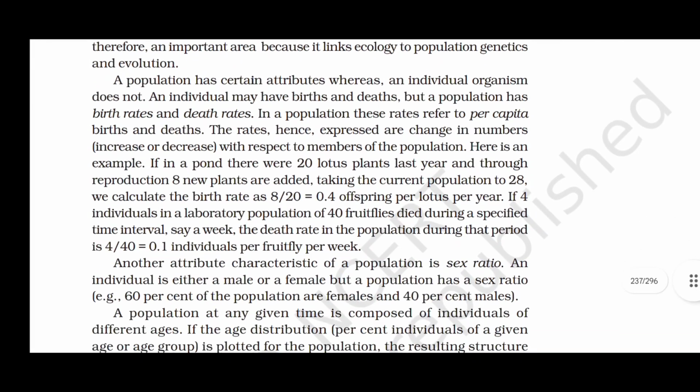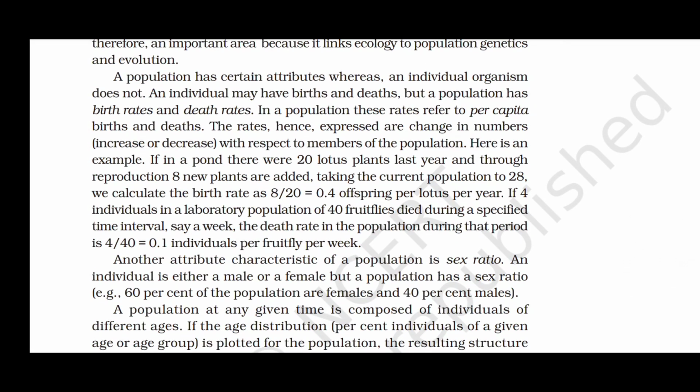If in a pond there were 20 lotus plants last year and through reproduction 8 new plants are added, taking the current population to 28, we calculate the birth rate as 8 by 20, which is equal to 0.4 offspring per lotus per year.